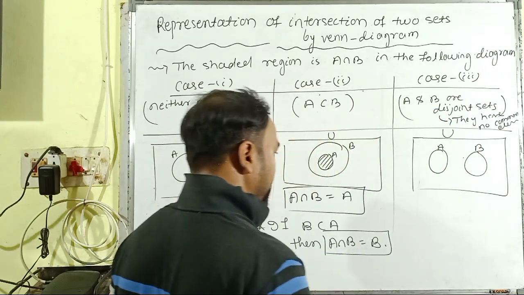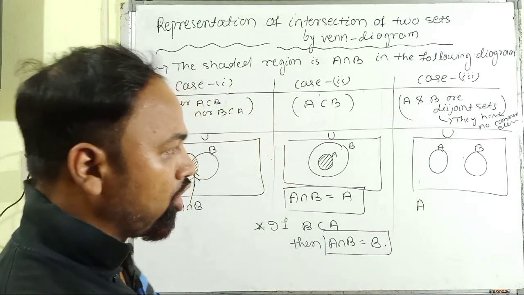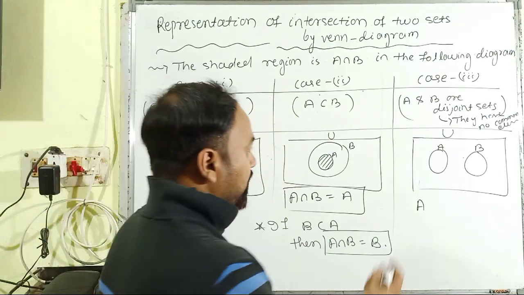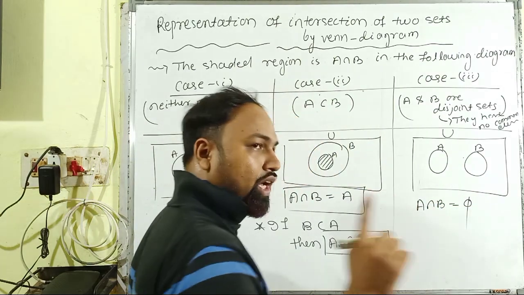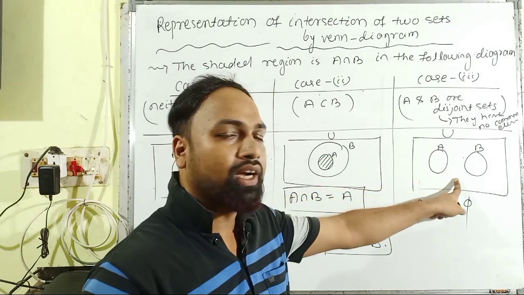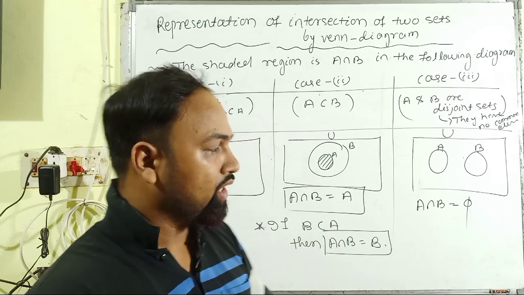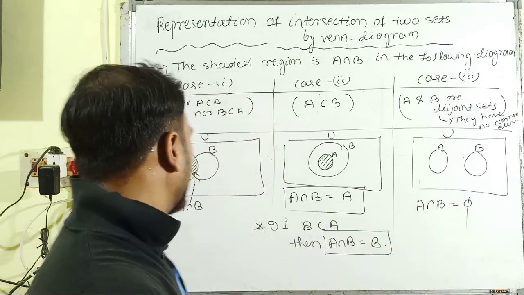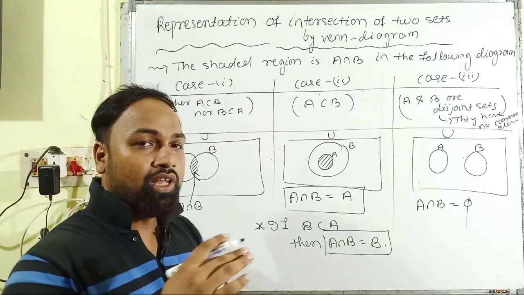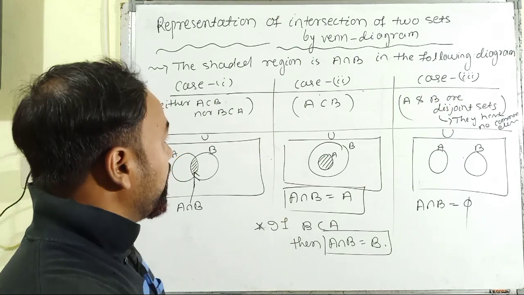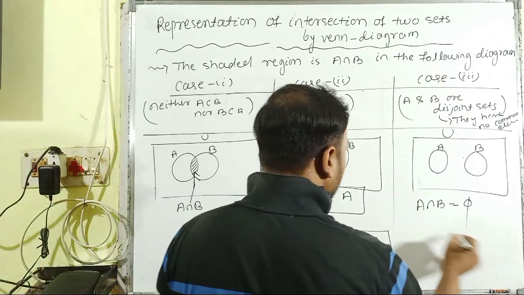It is the universal set U, and as there is no common element between A and B, here A intersection B is equal to the empty set. So we cannot find any shaded region in the intersection of A and B. So it is all about the representation of intersection of two sets by Venn diagram. Then let us come towards the examples or problems based upon the intersection of A and B.